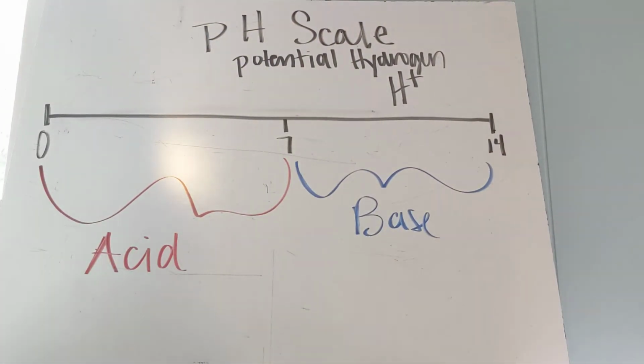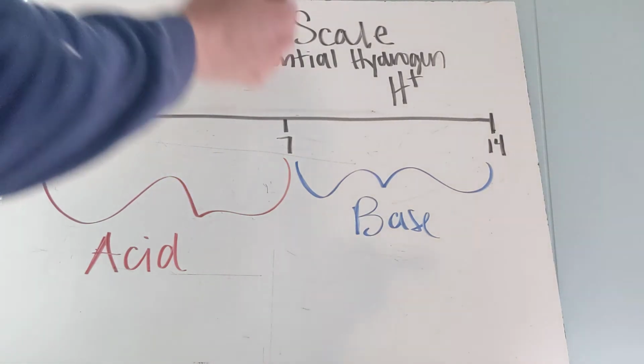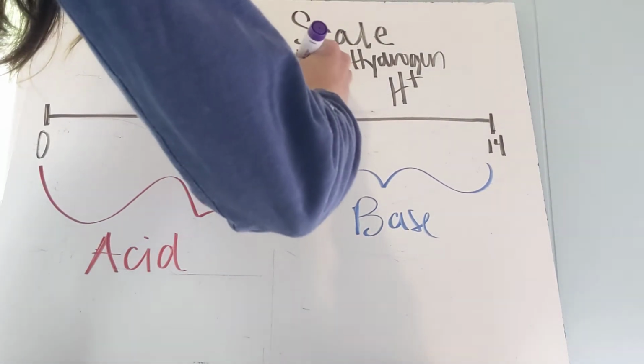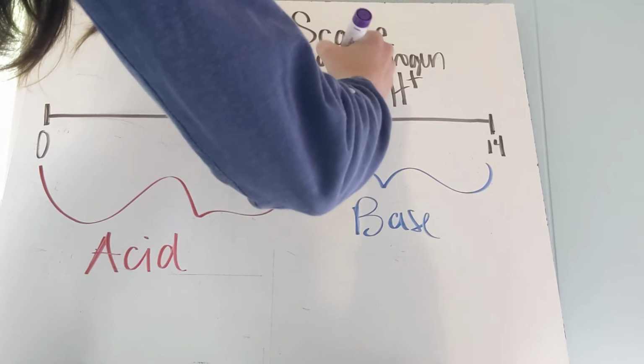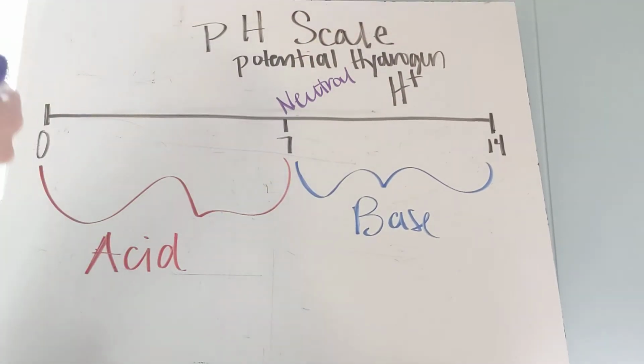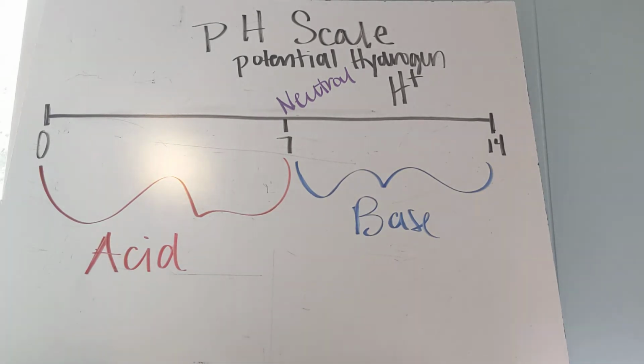If a substance has exactly a pH of 7, it is neutral. For example, pure water, meaning not the water that comes out of your tap or ocean water or pool water, but pure water with nothing else in it, would have a pH of 7.